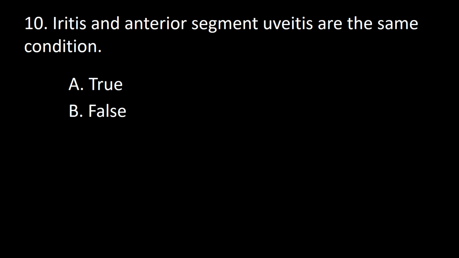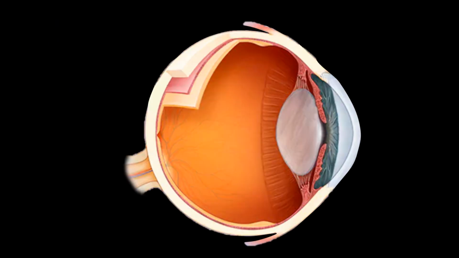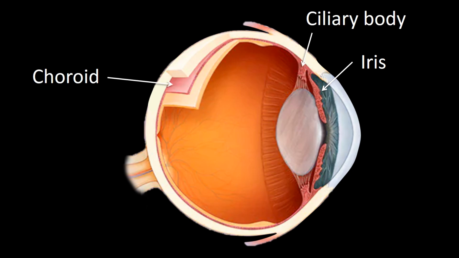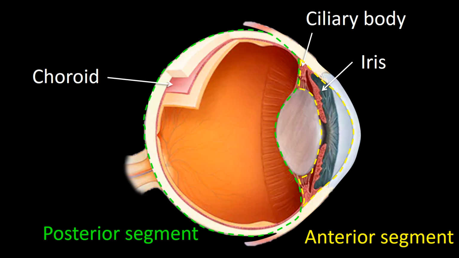Next question. Iritis and anterior segment uveitis are the same condition. A true, B false. The uvea consists of the iris, the ciliary body, and the choroid. The ciliary body and the iris are in the anterior segment of the eye. The choroid is in the posterior segment.